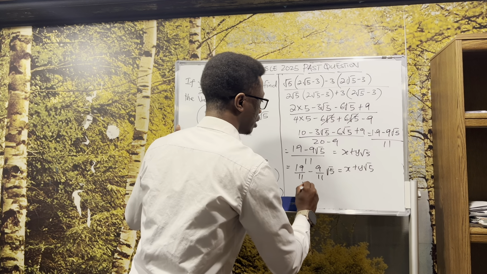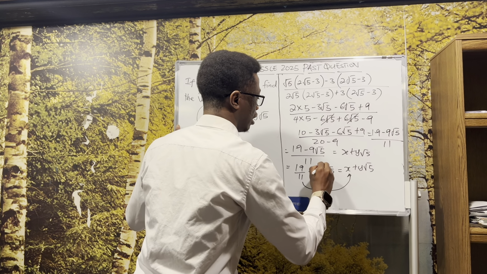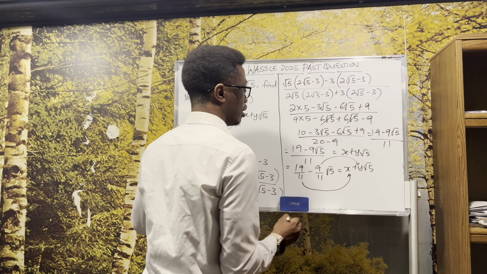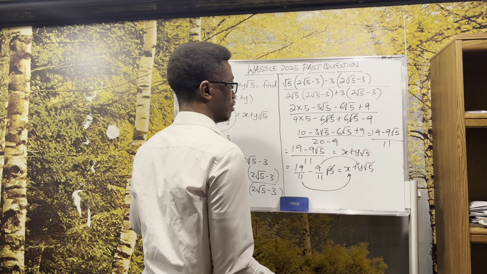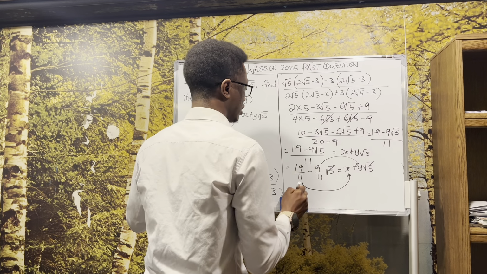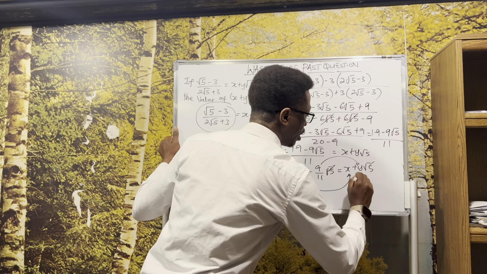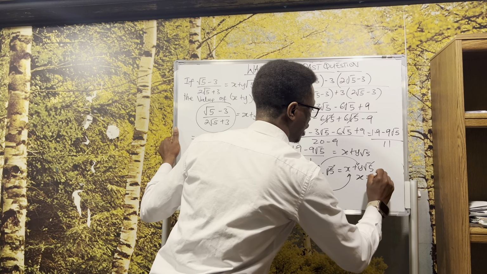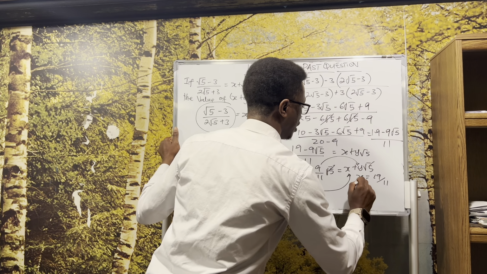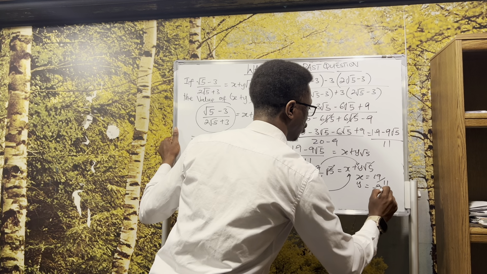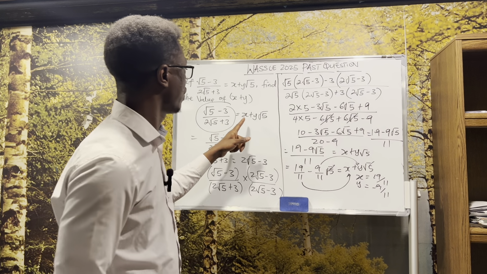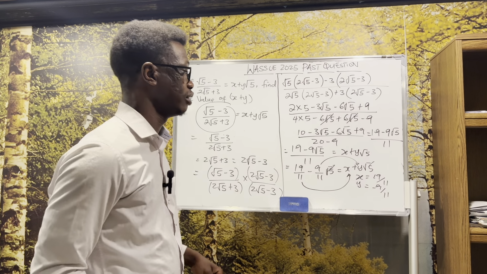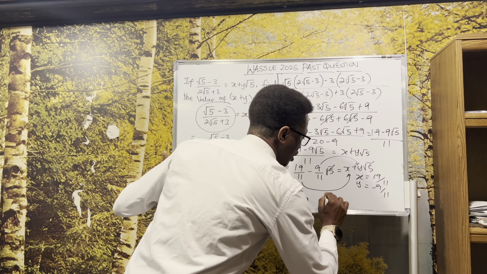So x is 19 over 11 and y is minus 9 over 11. But you're asked to find x plus y, so basically just add them.